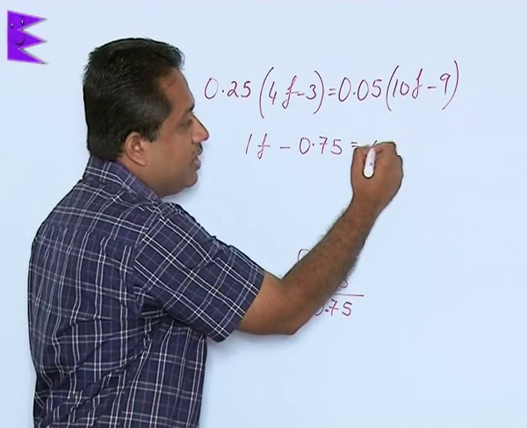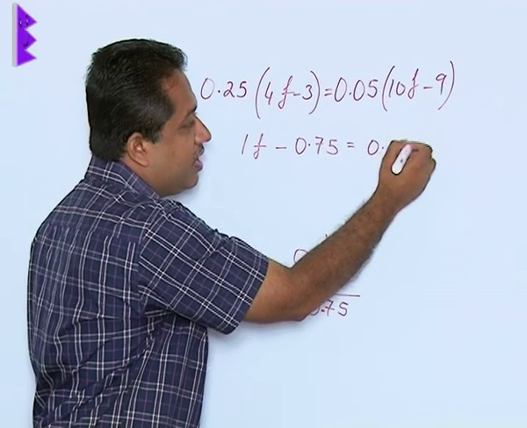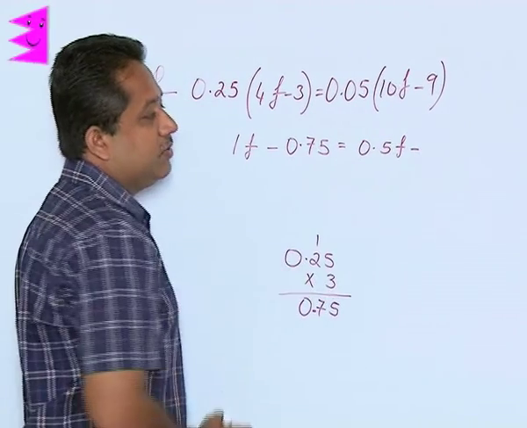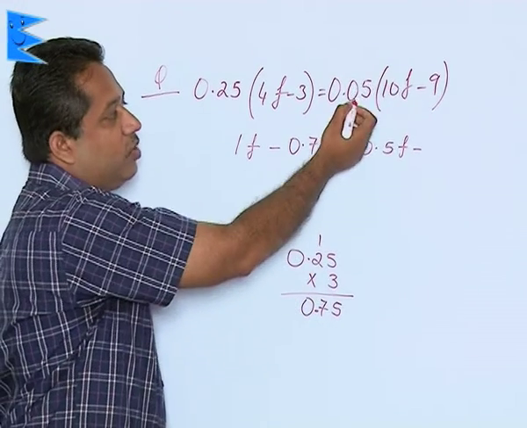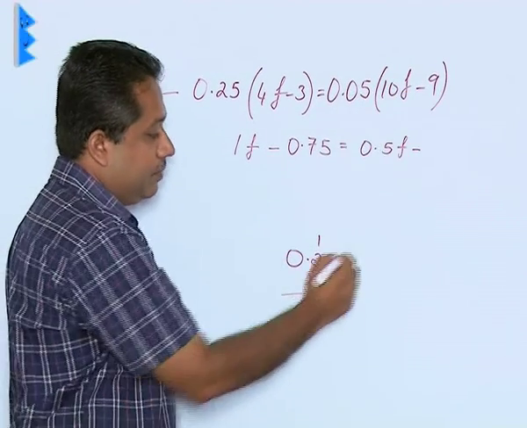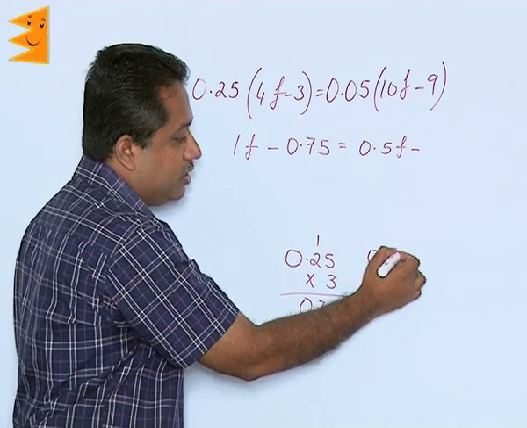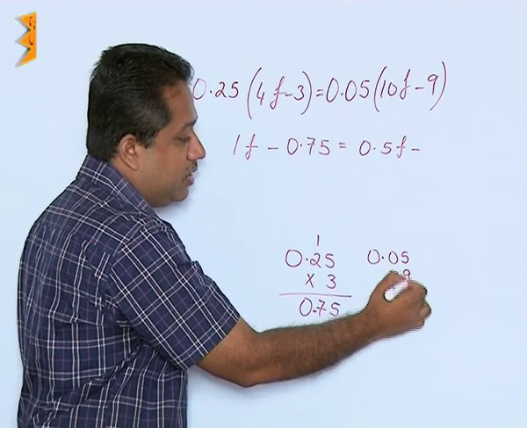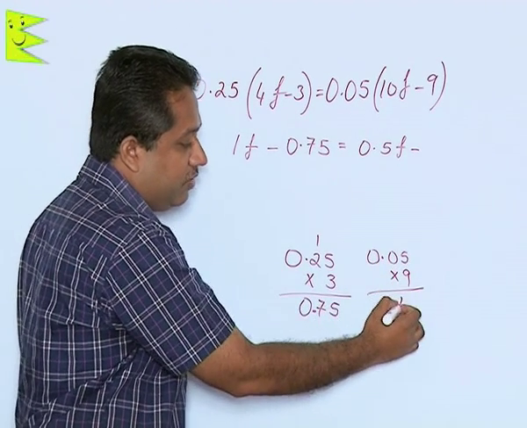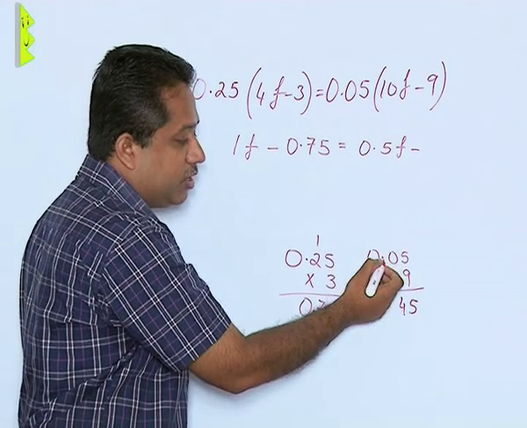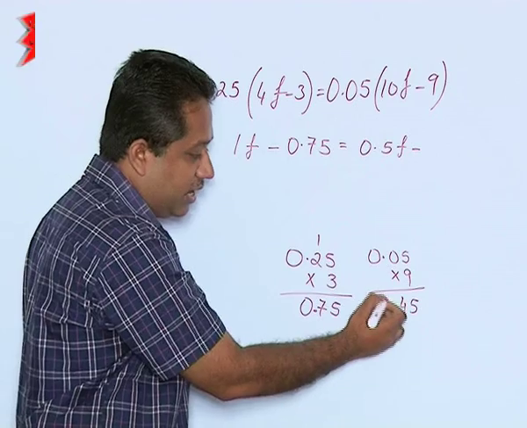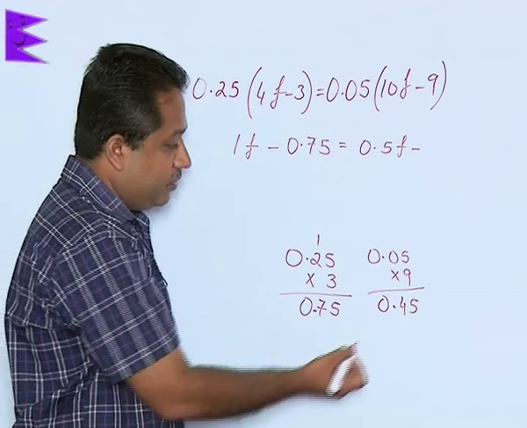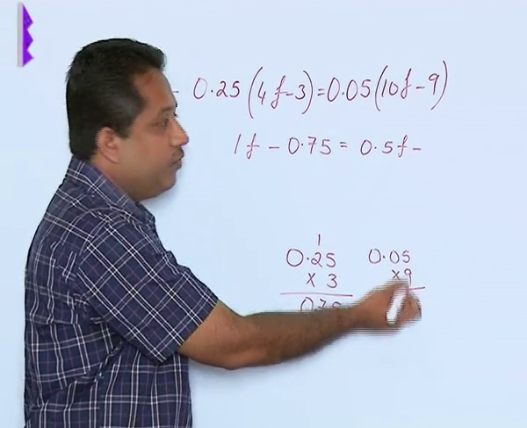So, this is going to be 0.5f minus, repeat the procedure as I showed here, 0.05 into 9. We know 9 5s are 45, but there are two numbers after the decimal. So, your answer also will have two numbers after the decimal. So, this will be 0.45.